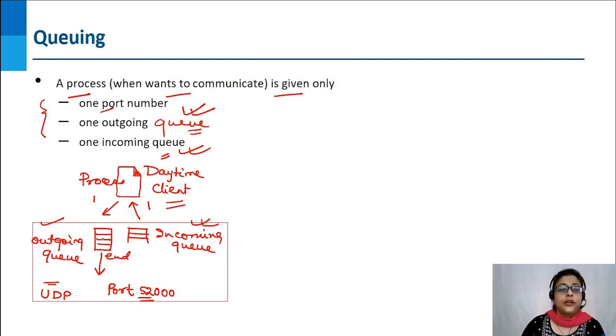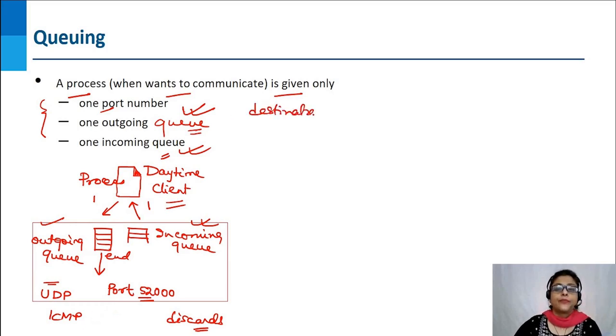Now for data moving into the queue, if the data finds no queue, then it simply discards the datagram and asks the ICMP protocol to report a destination unreachable message.